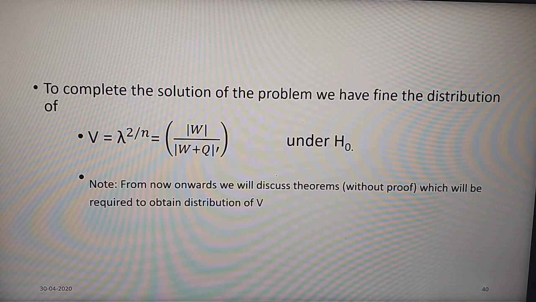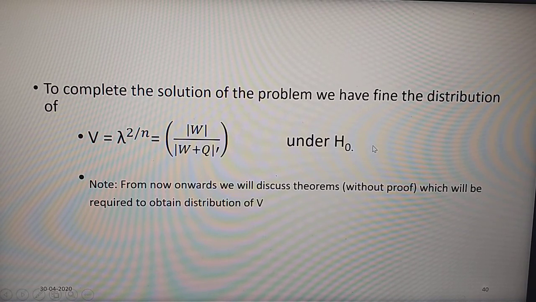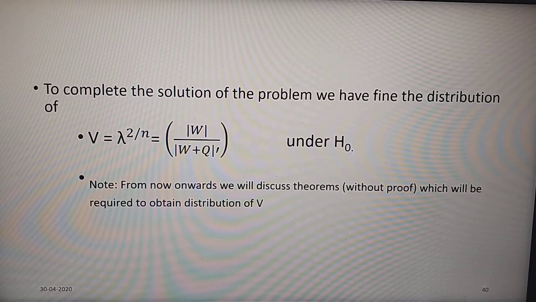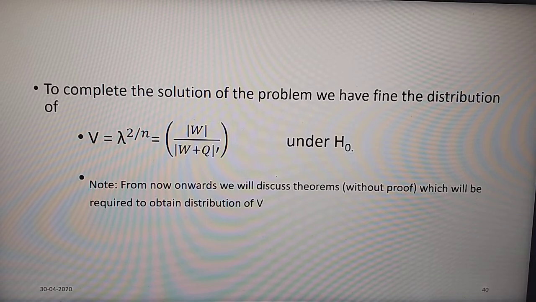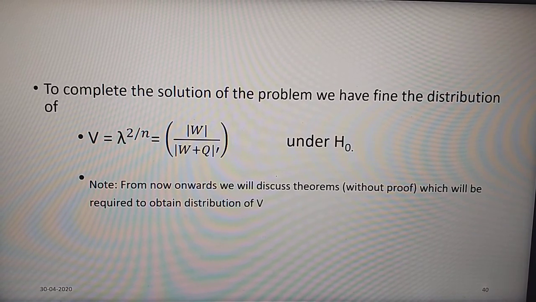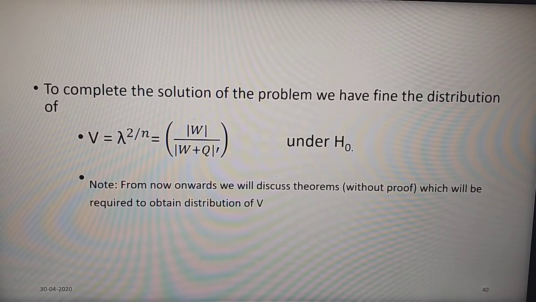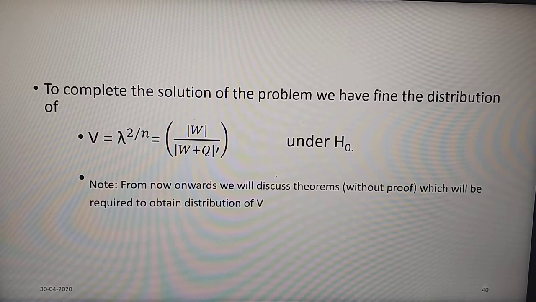So we will discuss theorems and lemmas without proof which will be required to obtain the distribution of B. The proofs have rigorous mathematical computations which are not very necessary for us as of now. When the lockdown is open, we can discuss the proofs of the theorems also.